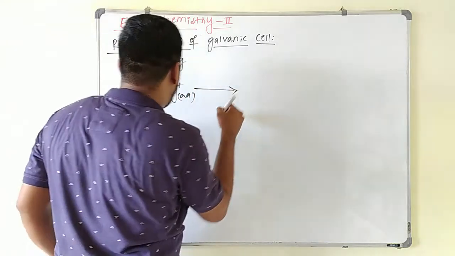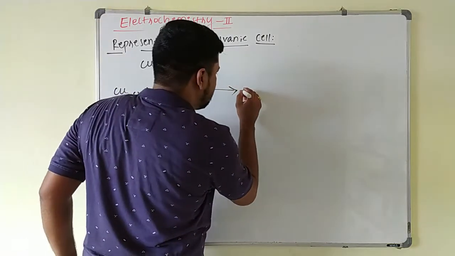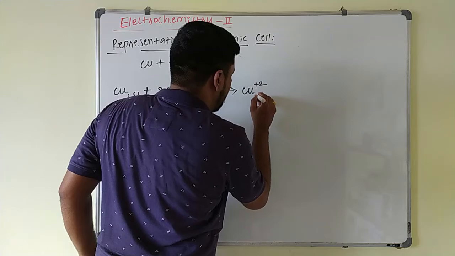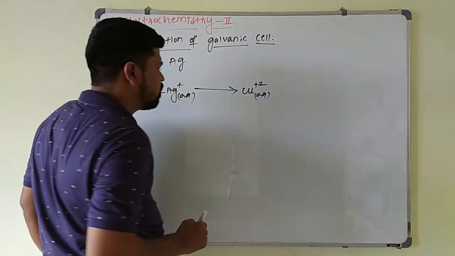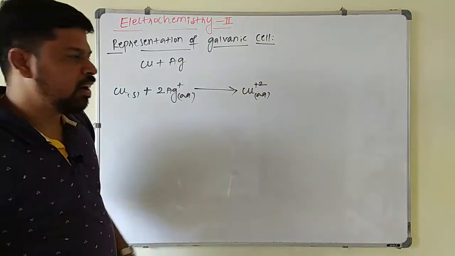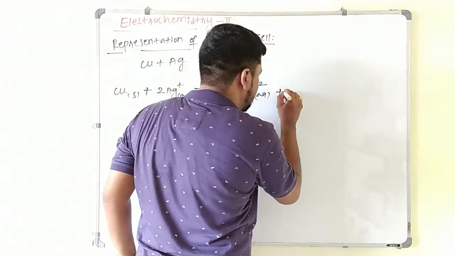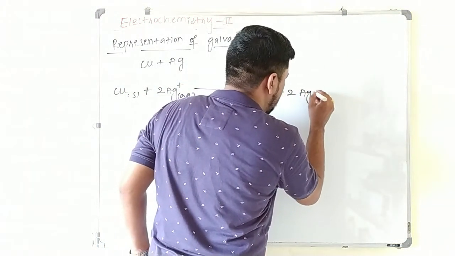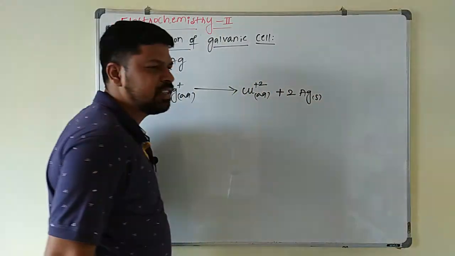It will be converted to what here? Copper is undergoing oxidation. This is Cu2+ in the aqueous medium. This silver is undergoing reduction, so that from the aqueous medium it will be converted to solid state. It is deposited here, 2 Ag in the solid state.